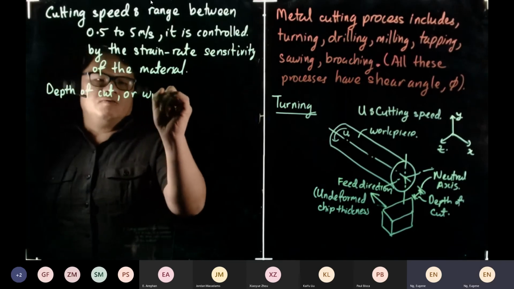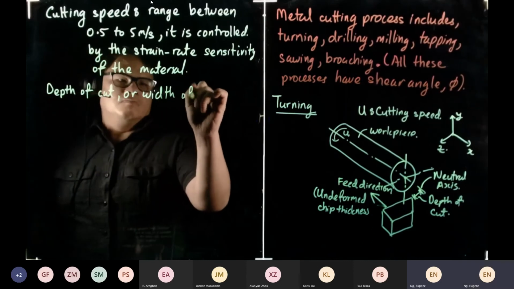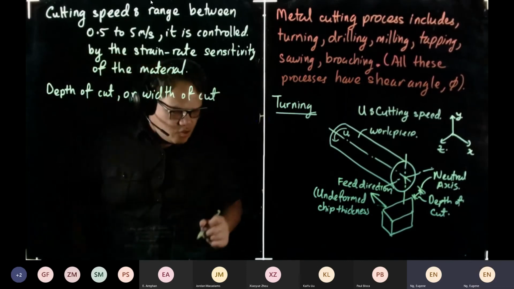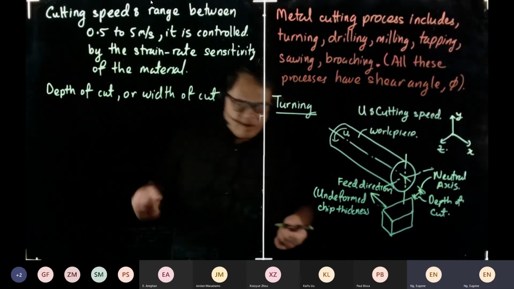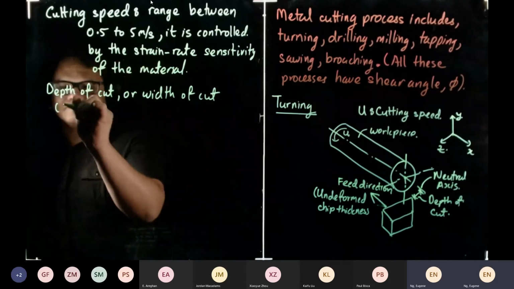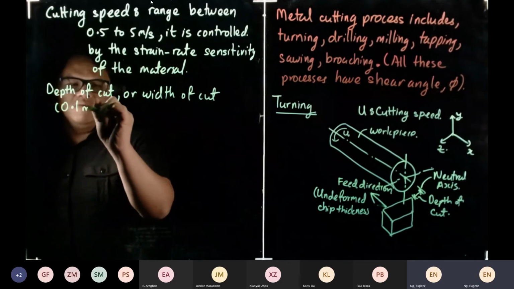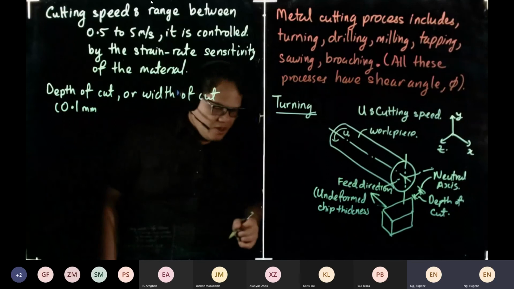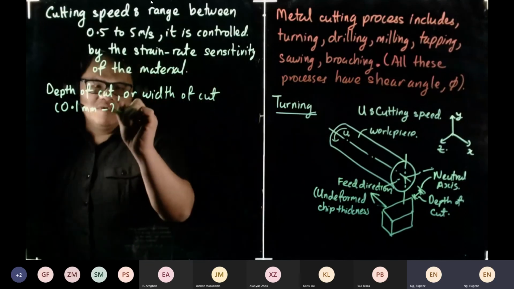Or width of cut, right? It's controlled. So the range is 0.1 millimeter, and I've seen as high as 2 millimeters.